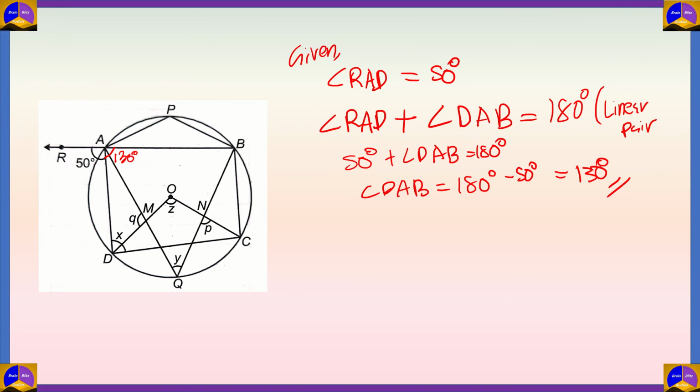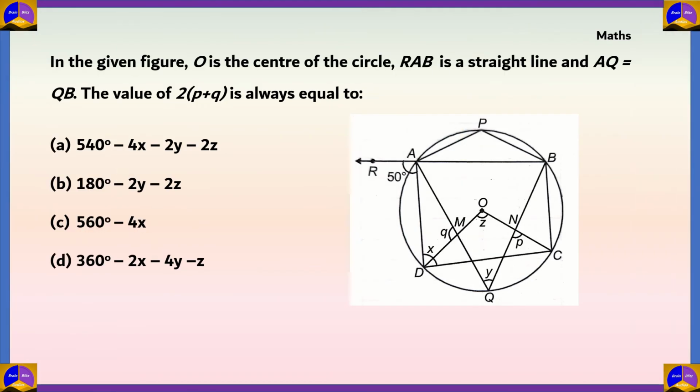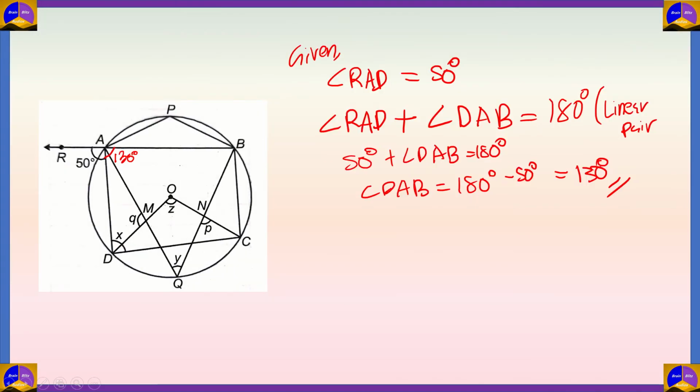So now let's look at this. We are also given that AQ is equal to QB. Now AQ and QB are part of triangle AQB. So in triangle AQB, AQ is equal to QB. Reason? It's given.